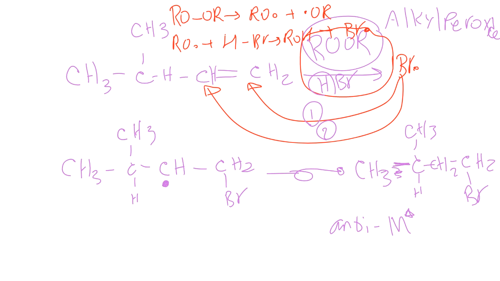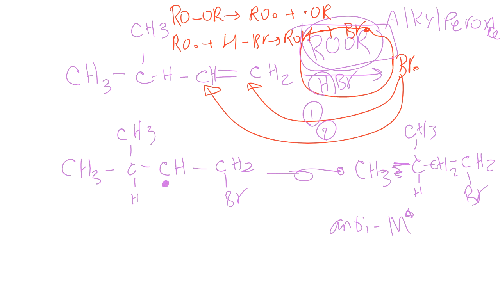And how do we know it's the anti-Markovnikov product? Anytime, and write this as a hint to yourself, anytime you see peroxide in the reaction mixture, alkyl peroxide or hydrogen peroxide, either of those two, in an addition reaction, your product is going to be anti-Markovnikov.